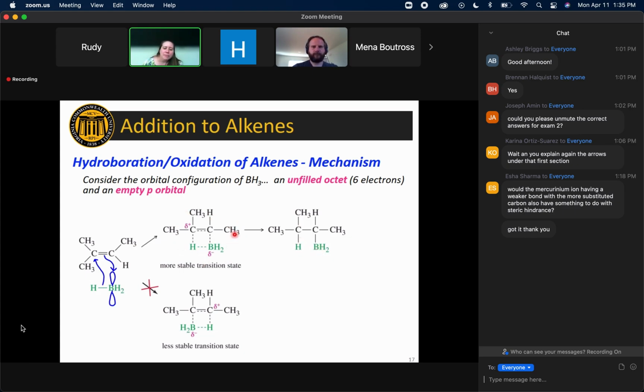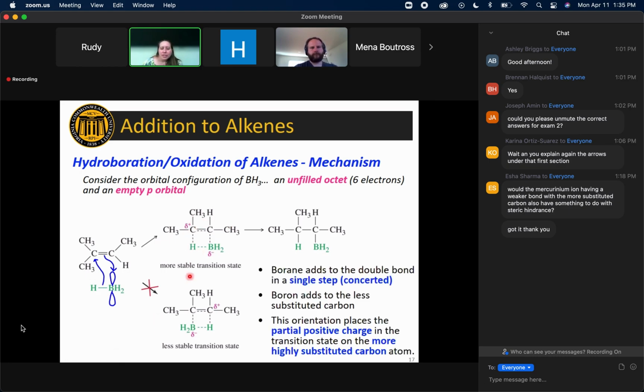And again, this happens because we're going through a concerted transition state where we are making and breaking these bonds all at the same time. And so all of that mechanistic detail dictates that the boron goes to the less substituted carbon, the hydrogen goes to the more substituted carbon.